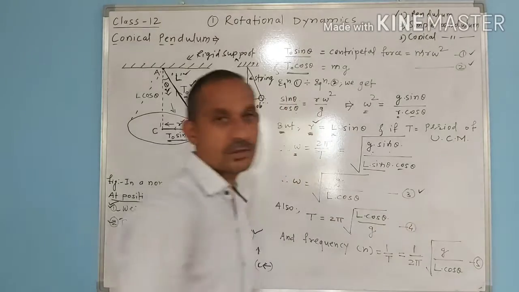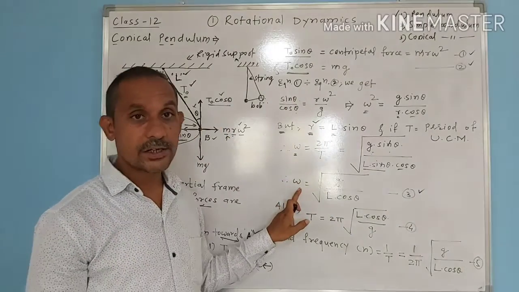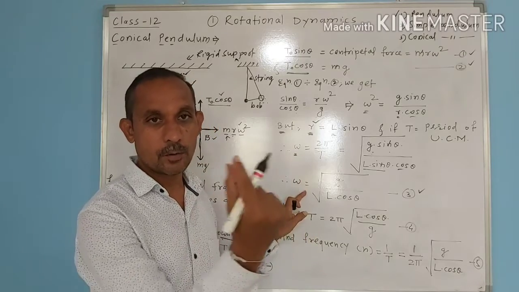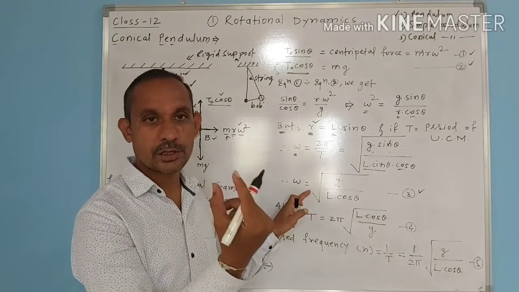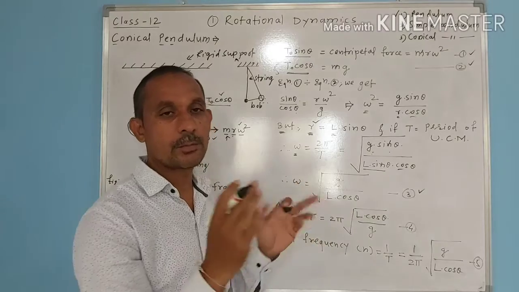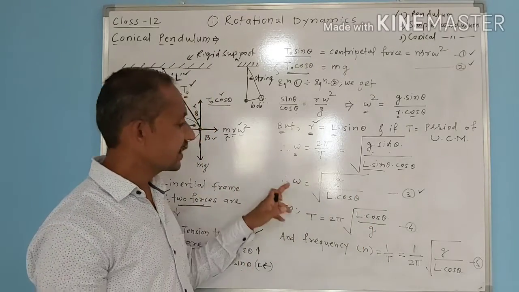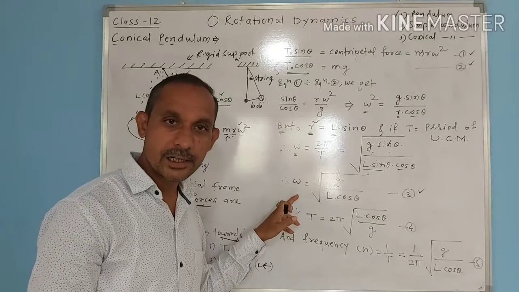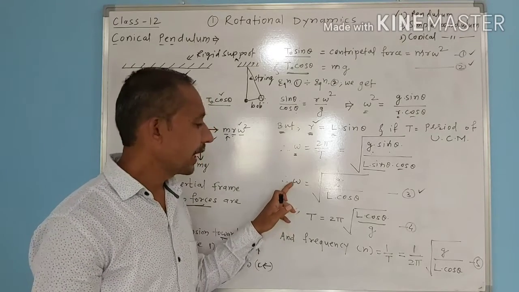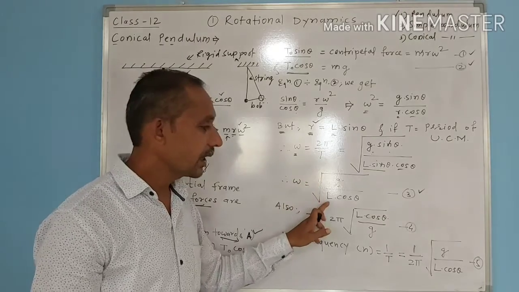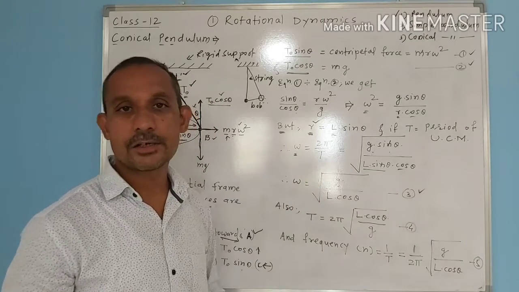So this is the relation for the angular speed of the bob. The bob is performing uniform circular motion. In that uniform circular motion, the bob has an angular speed as well as a linear speed. But in this case, we have derived the relation for the angular speed, omega is equal to the square root of g upon L cos theta. So this is the important relation.